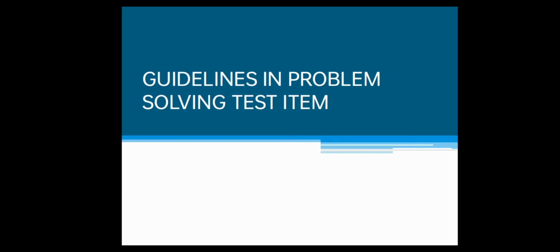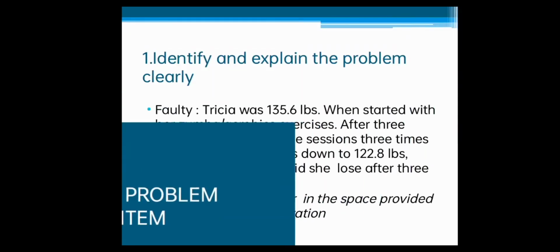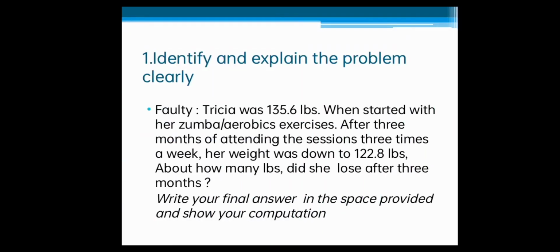Now, the first guideline is identify and explain the problem clearly. So, I will read the example of undesirable or the faulty. Tricia was 135.6 pounds when she started with her Zumba aerobics exercises. After 3 months of attending the sessions 3 times a week, her weight was down to 122.8 pounds.